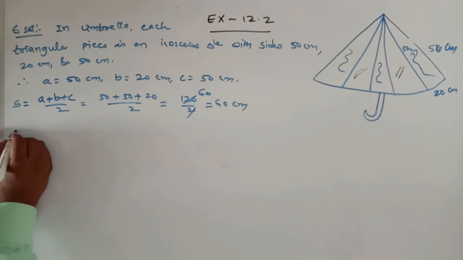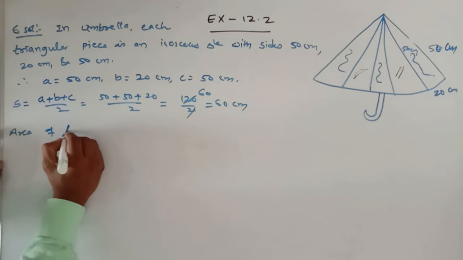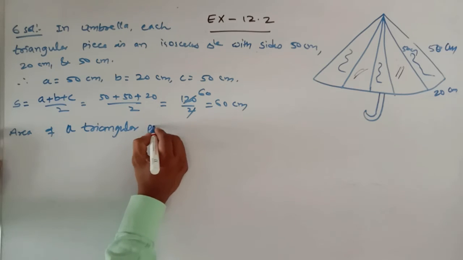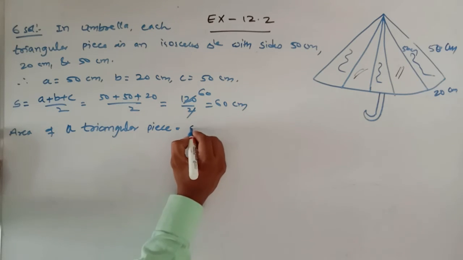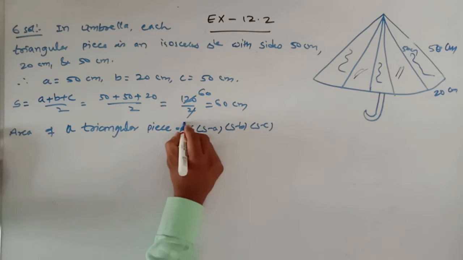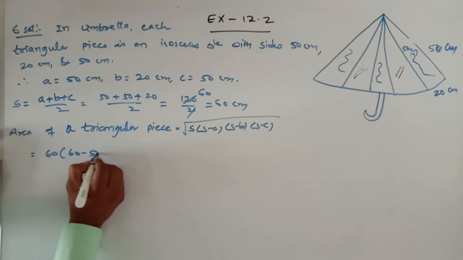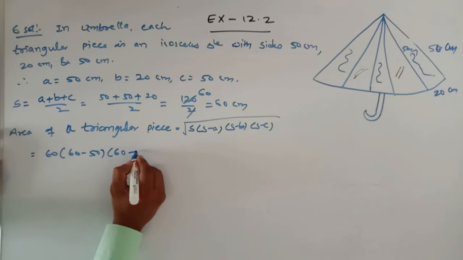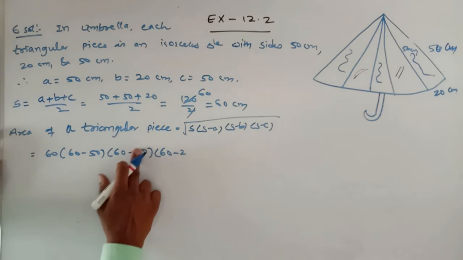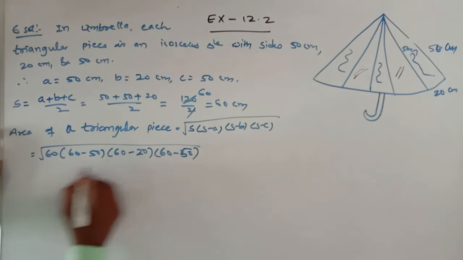Now by using Heron's formula, the area of a triangular piece is equal to the square root of s into (s minus a) into (s minus b) into (s minus c), that is 60 into (60 minus 50) into (60 minus 50) into (60 minus 20) square root.